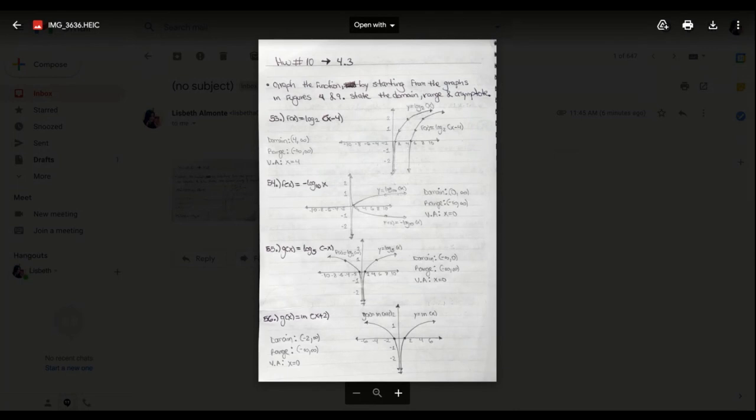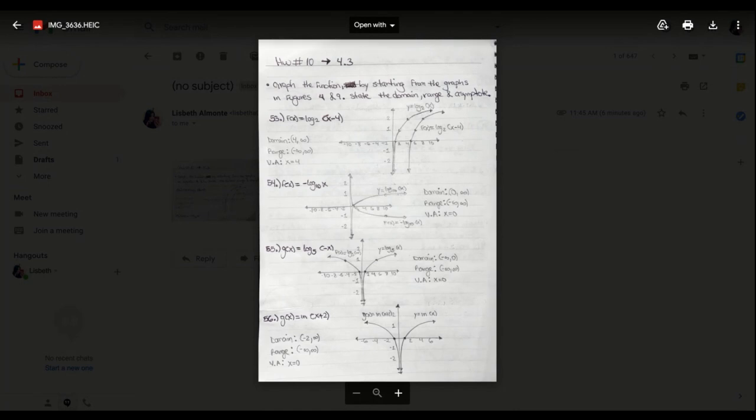So okay, the function is log base 2 of x minus 4, and the original function is already graphed here. What I did was graph the suggested one. The 4, even though it's negative, is supposed to shift the graph to the positive side instead of negative 4.